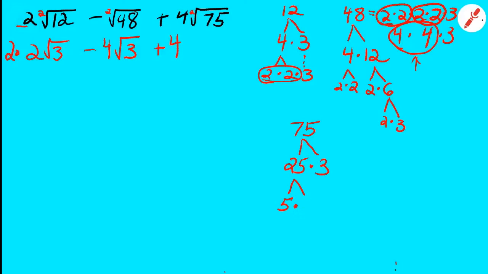It's 5 times 5. So 75 equals 5 times 5 times 3. And here are my two 5's. So I'll be writing the square root of 75 as 5 on the outside and the square root of 3 on the inside.